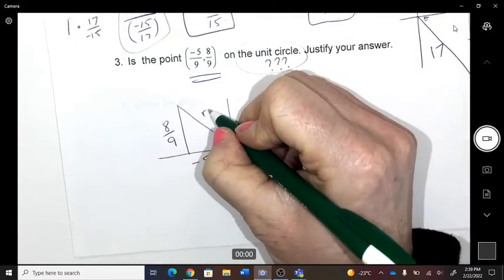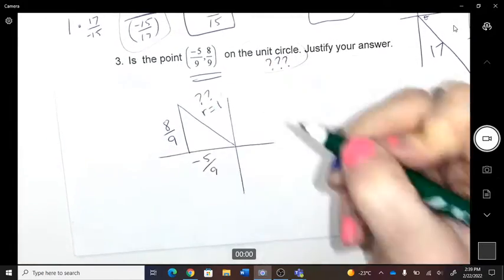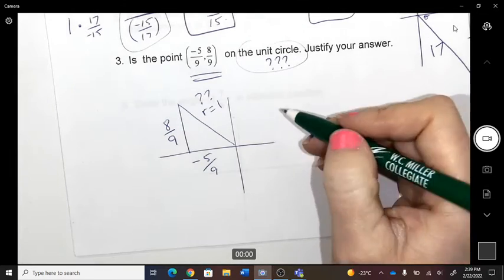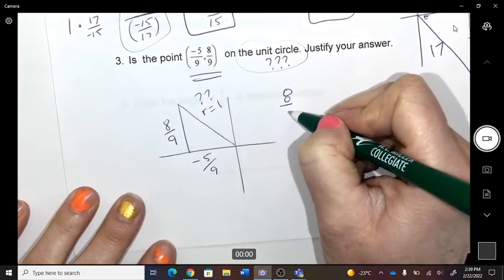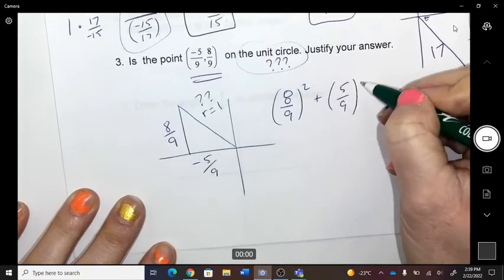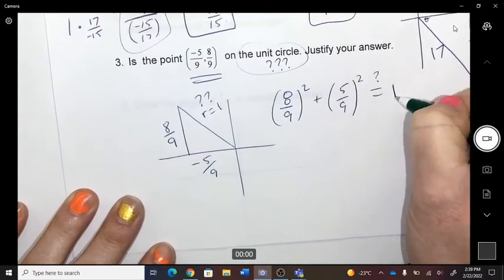R equals 1. So I'm trying to figure out, does it equal 1? Okay, so you can work with your fractions, or you could work with an enlargement on this. So if you wanted to work with fractions, does this squared plus this squared equal 1?